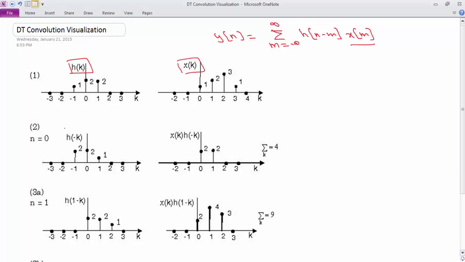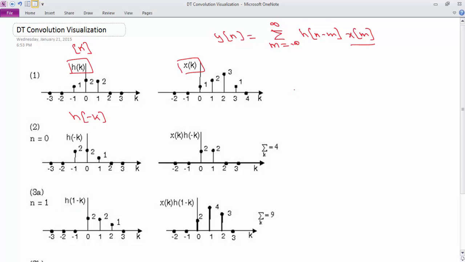I'm going to first flip my h. In the diagram it's using braces, but I'll write it like this if you want to stay with the notation that we are using. So this is h of minus k, which is just a flipped version of h of k. You just flip it around the y-axis.